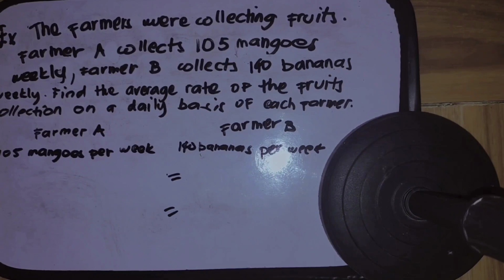And for our second example, the farmers were collecting fruits. Farmer A collects 105 mangoes weekly. Farmer B collects 140 bananas weekly. Find the average rate of fruit collection on a daily basis of each farmer. Farmer A, 105 mangoes per week.